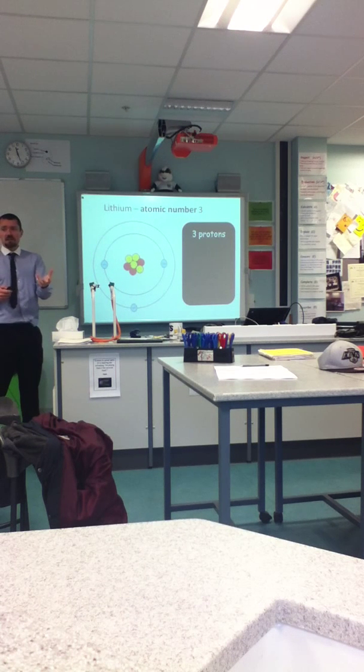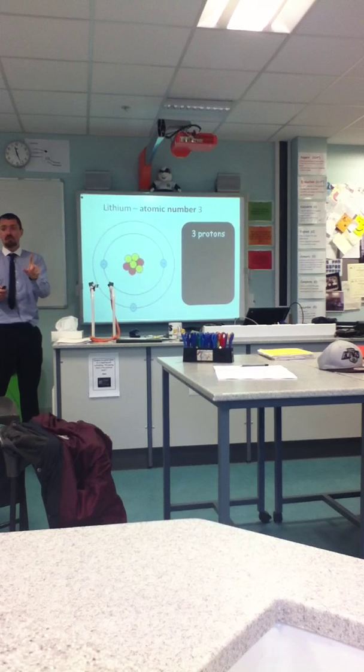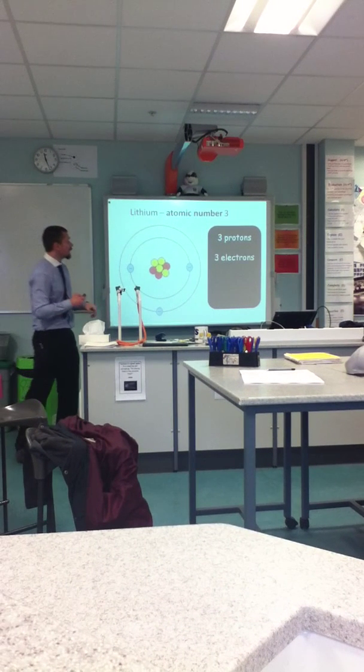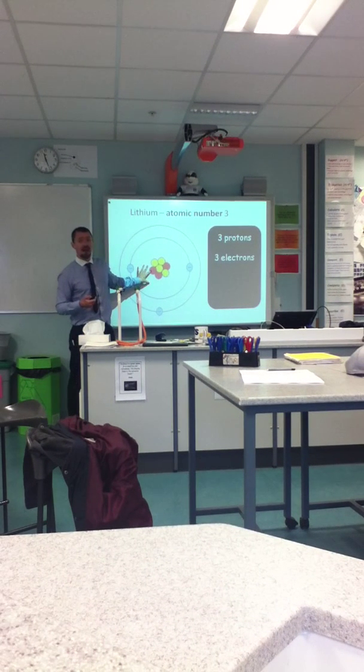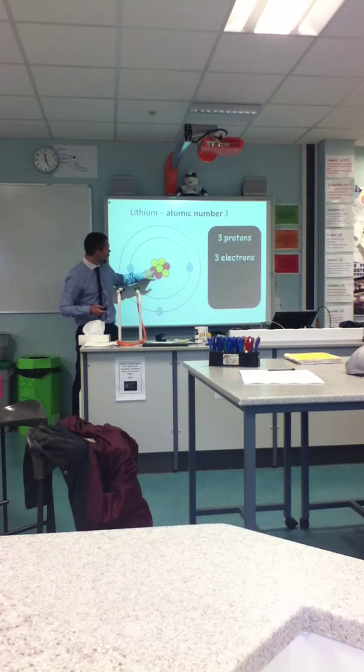If an atom has 3 protons, then we know that it also has 3 electrons. And you can see on our atomic diagram here, we've got our 3 protons in the nucleus and our 3 electrons orbiting the nucleus.